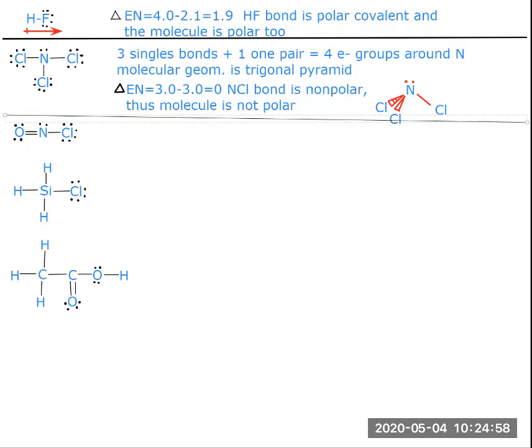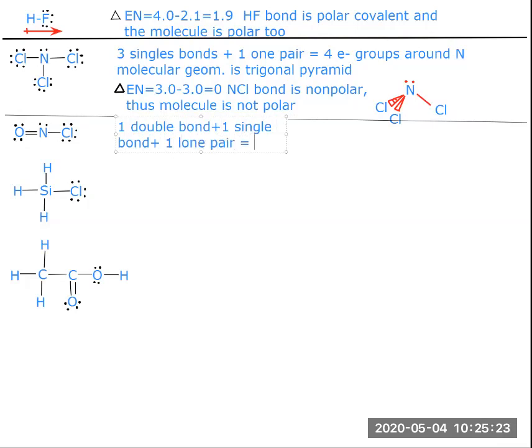So let's write this down. 1 double bond plus 1 single bond plus 1 lone pair.